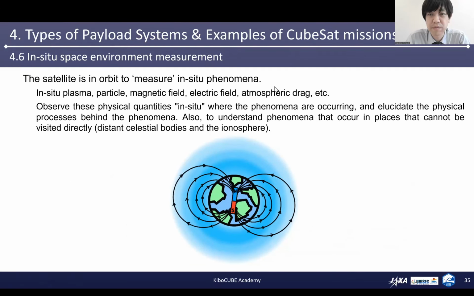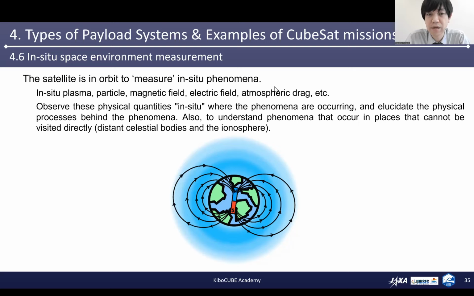The fifth example is in-situ space environment measurement. For example, in-situ plasma, particles, magnetic field, electric field, and atmospheric drag, etc. Observe these physical quantities in situ, where the phenomena are occurring, and clarify the physical processes behind the phenomena.